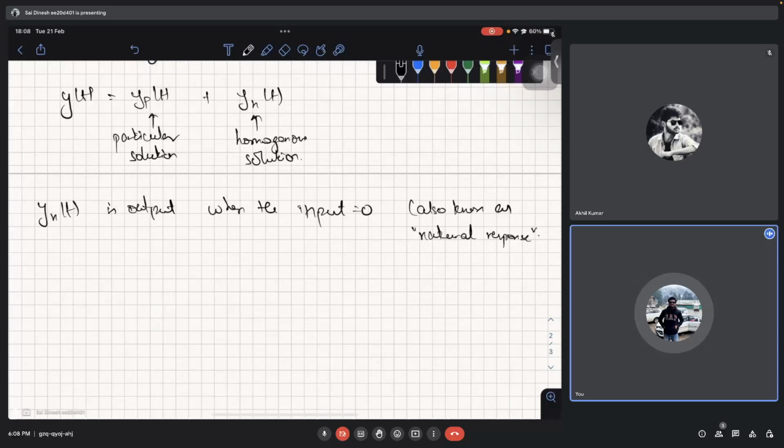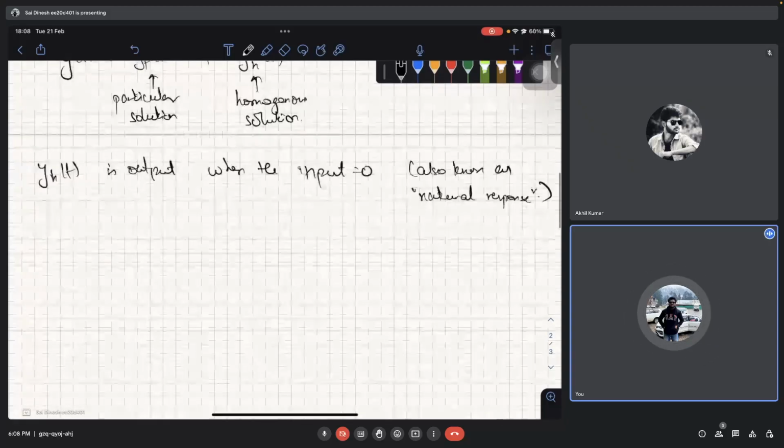Even when there is no input, there is a particular output; that is the homogeneous solution. For the particular type of input that we give, we get the particular solution, and the final solution is the sum of the particular and homogeneous solutions, right?